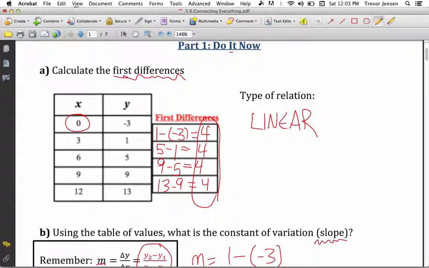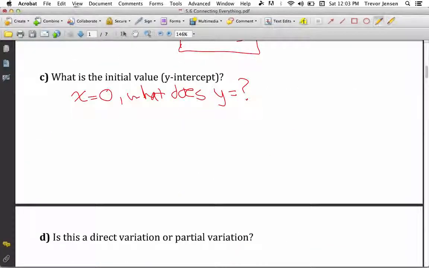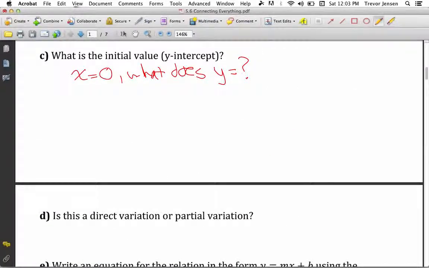Therefore, we can easily see what our initial value for y is. So when x is 0, what's y? y is negative 3 when x is 0. Okay, so that's our initial value. And we know we used the variable b for the initial value. The initial value is negative 3.